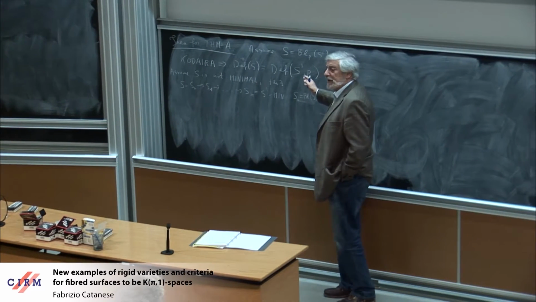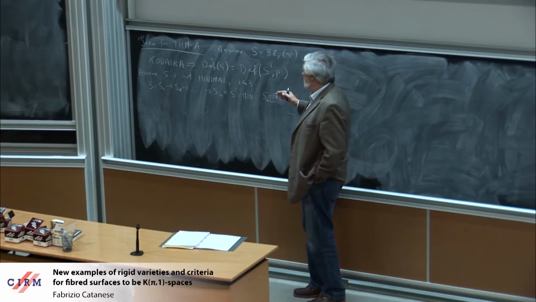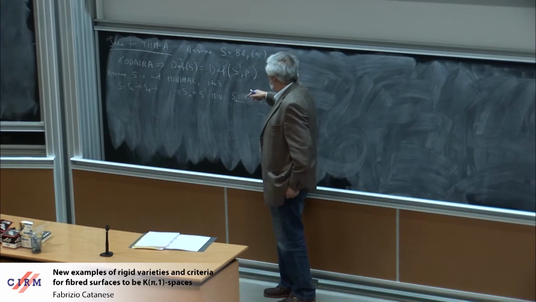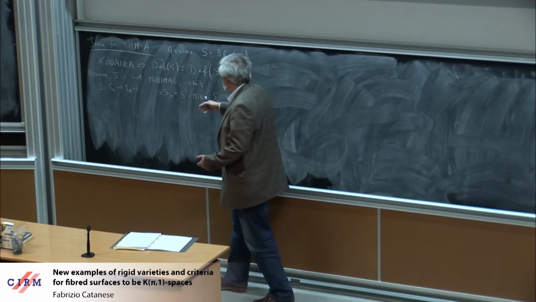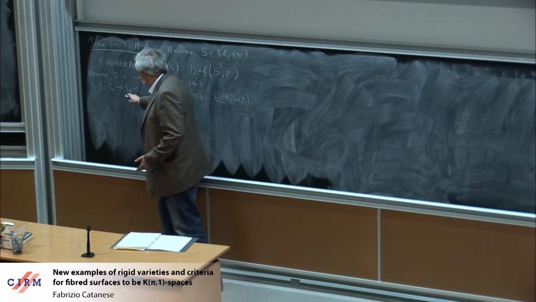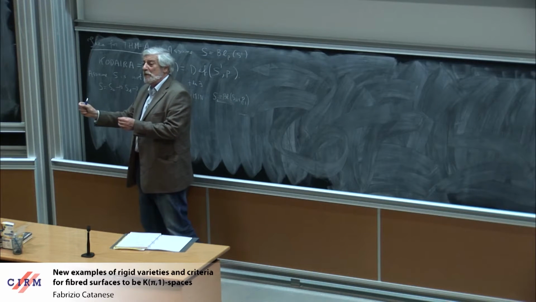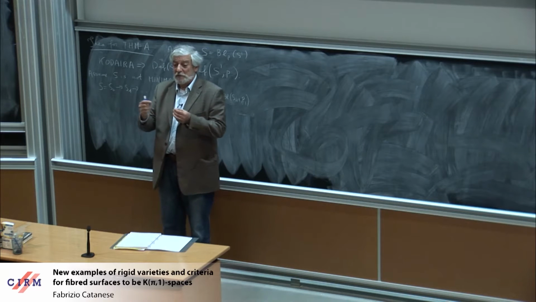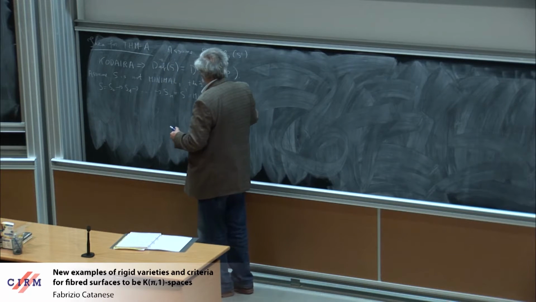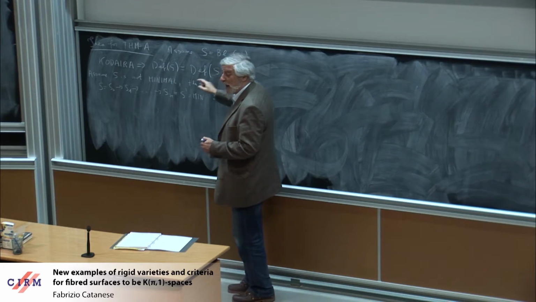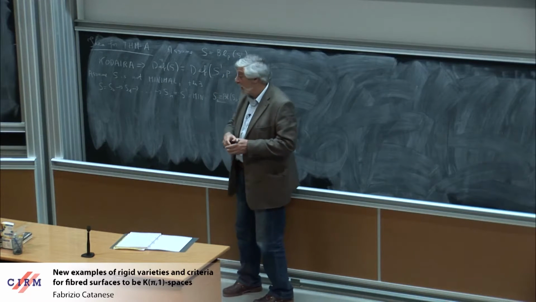Now, the elementary idea is simply that if S is rigid, then each time, if this is rigid, this means that whenever you move the point, they remain isomorphic. So this means that the automorphism group of S prime is transitive.